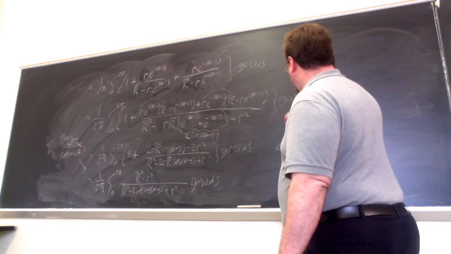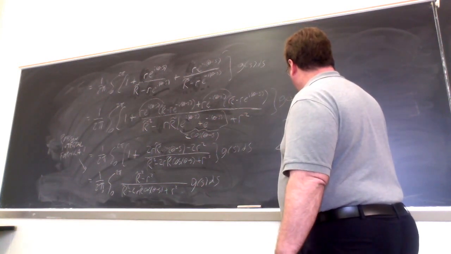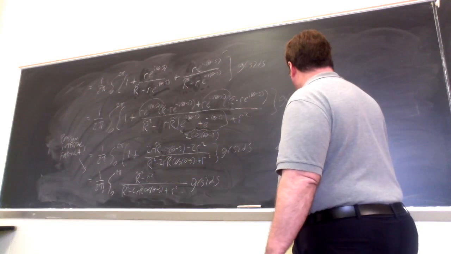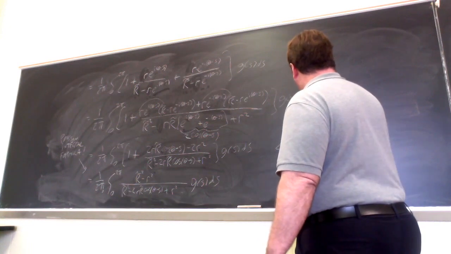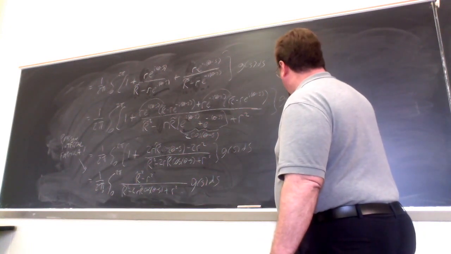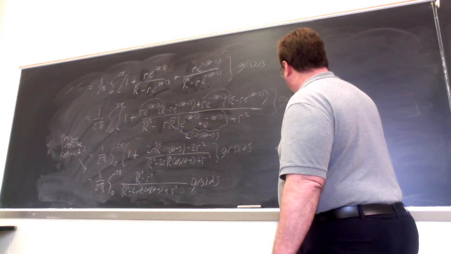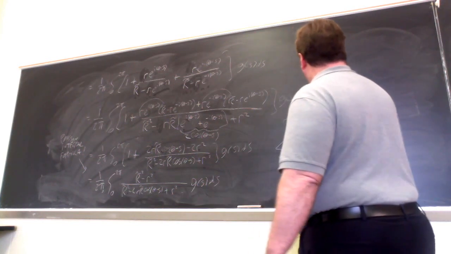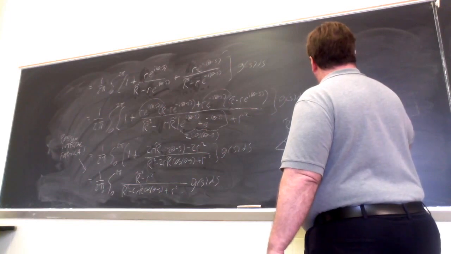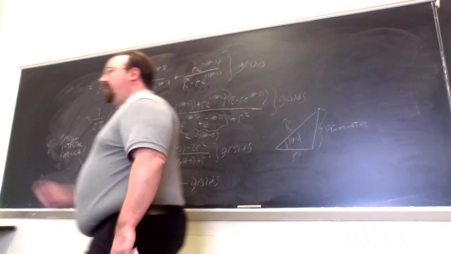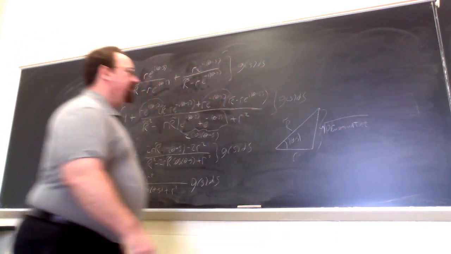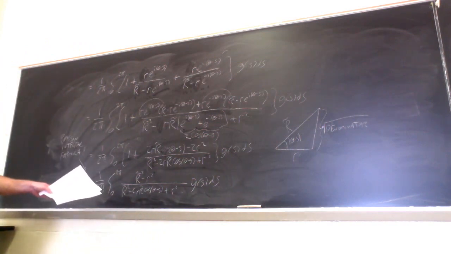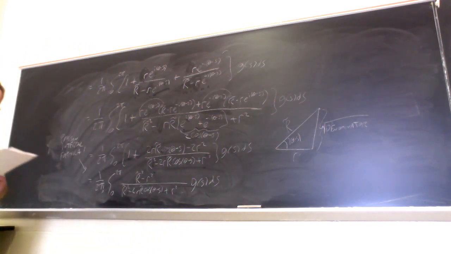So we have one side is big R tilde, and the other side is going to be little r. And this angle is the absolute value of theta minus s. Then your denominator is going to be the length of the third side squared of that triangle. Okay.